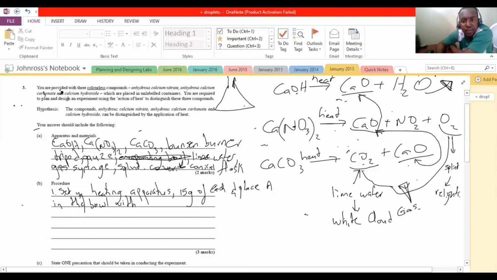So at the top there, we put the syringe, right? So we put it in the flask with the syringe connected at the top. All right, then you heat it.